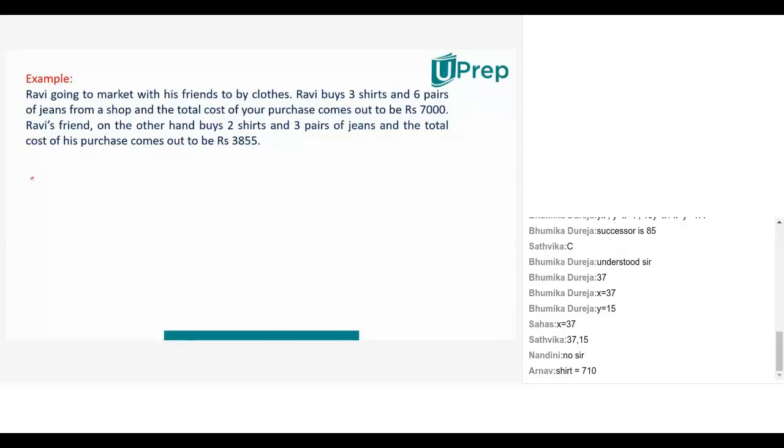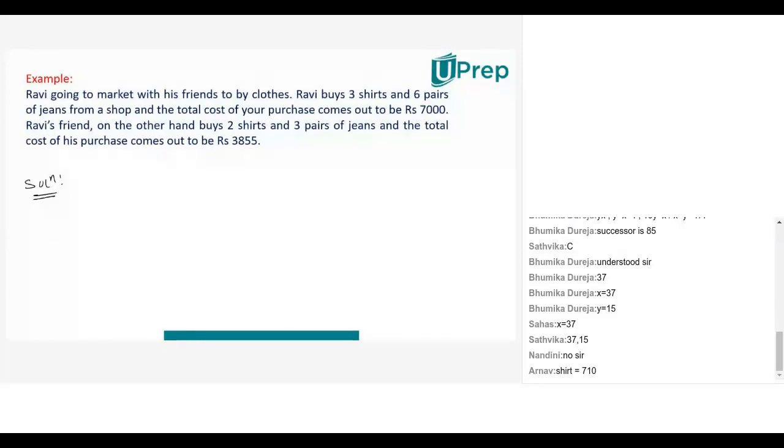So let's understand this. Check this. Ravi is going to the market with his friend to buy clothes. Now he's talking about shirts and pairs of jeans.